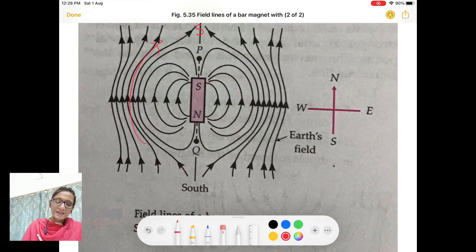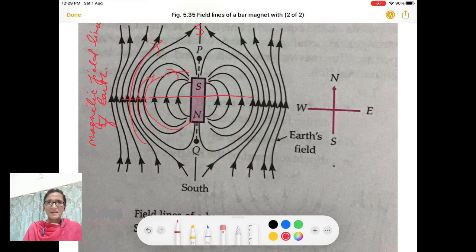So these are the magnetic field lines of Earth, and your bar magnet has its magnetic field lines in the same direction. So in the perpendicular bisector plane, the lines are along the same direction. They will not cancel each other. They will add at these points.